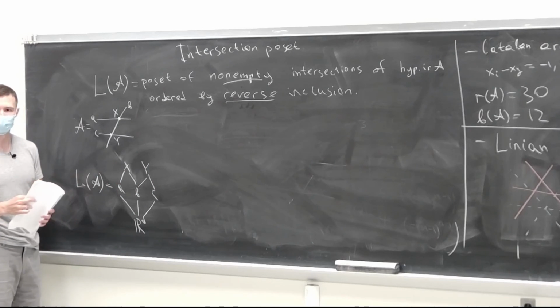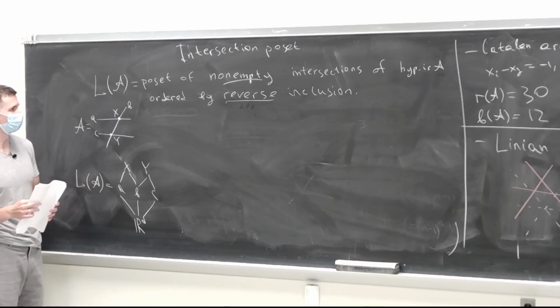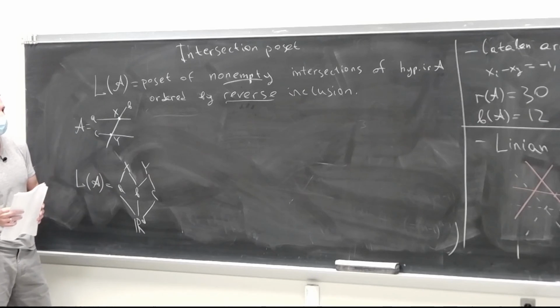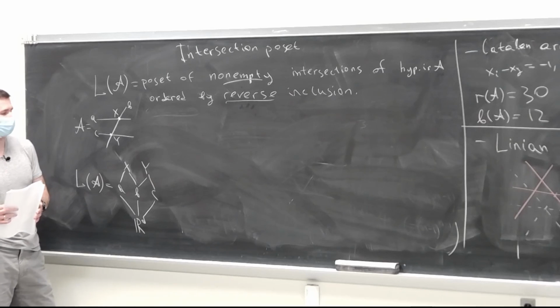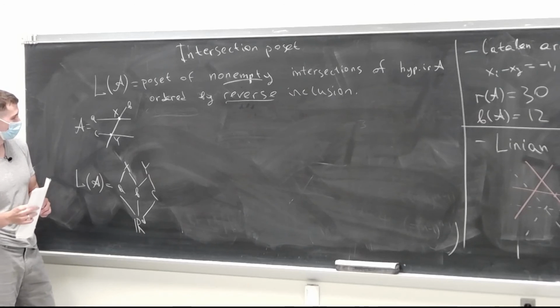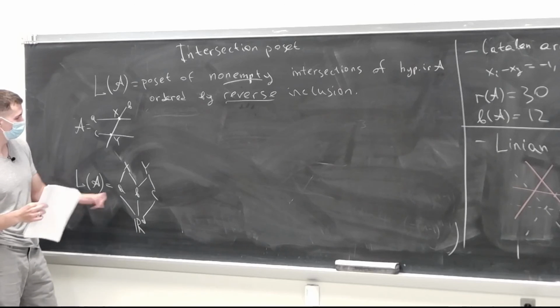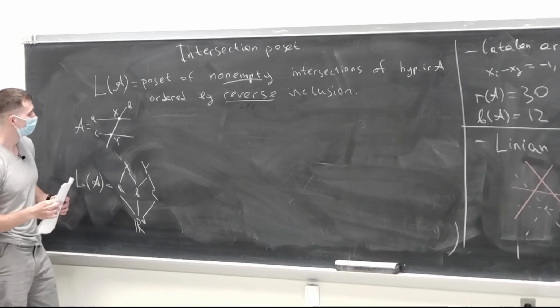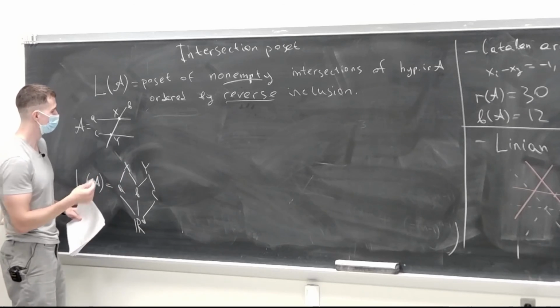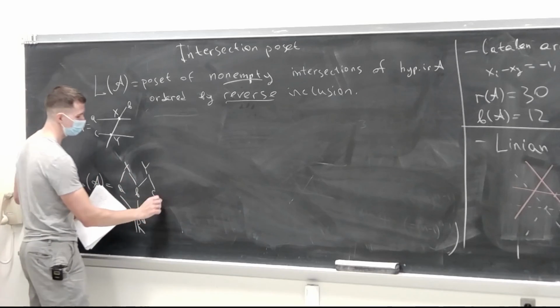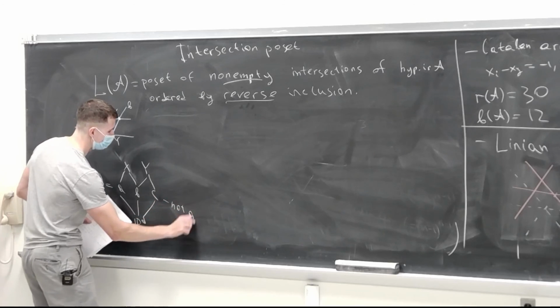Is it a lattice? Do you remember what's a lattice? I see. Well, actually, they do have a meet, but X and Y don't have a join. In particular, this is not a lattice.